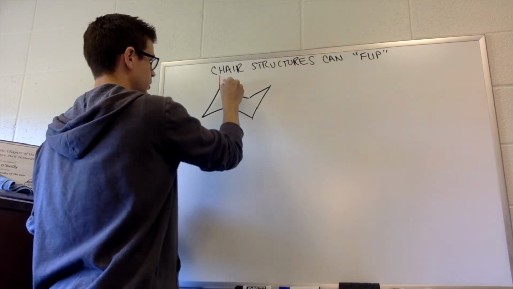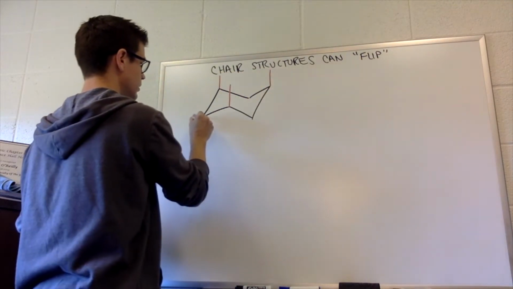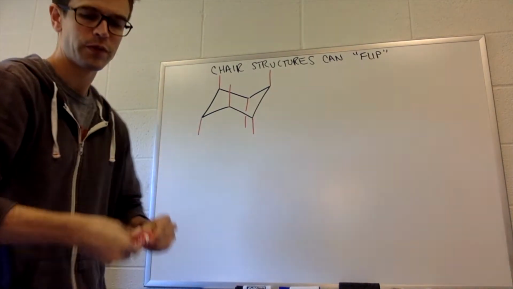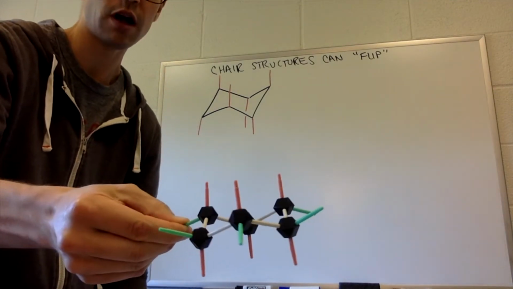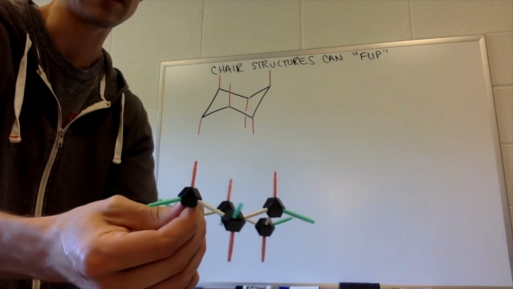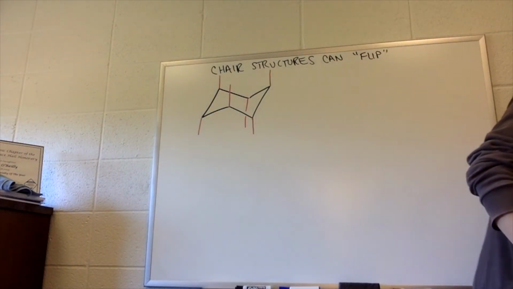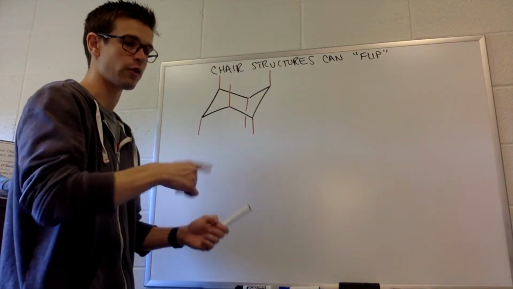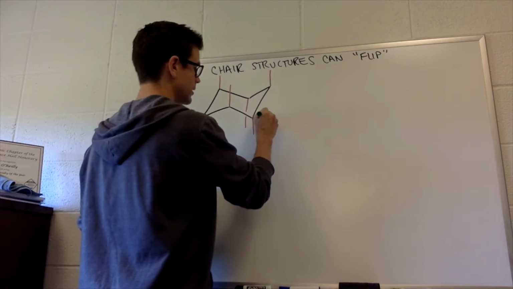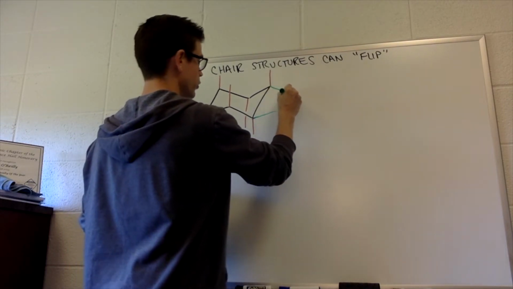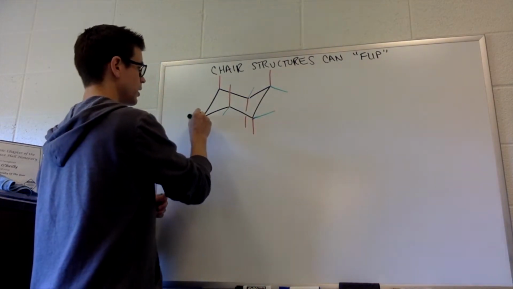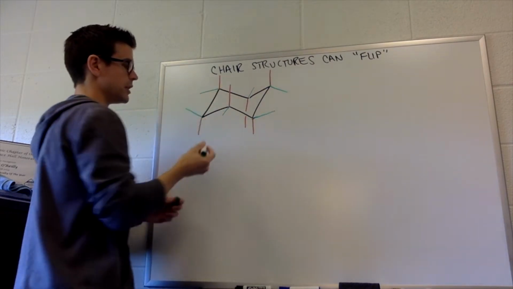They're just going to be a substituent, and they're all red axial, and they're red axial there too. And what we also see is that all of the green substituents are equatorial. They're all going out at the equator. They're not up or down. They're east and west. They're not north and south. So we're going to add all of those in as the equatorial groups.